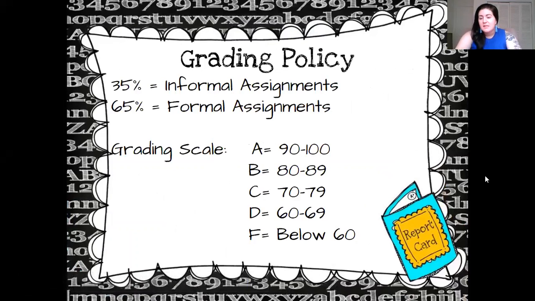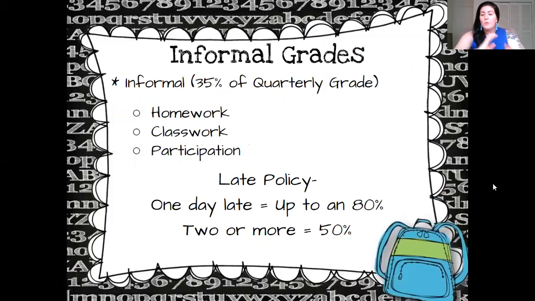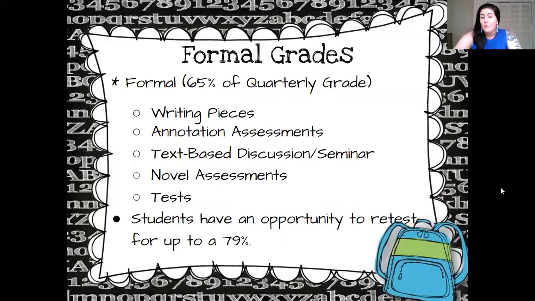As you know, and you're going to see this in all of your classes, curriculum nights, the grading policy is a 35-65 split. Informal grades are 35%, 65% for formal grades. So what's the difference? Informal assignments are things like homework, classwork, or participation, and then the formal grades are writing pieces, end of unit assessments, annotation assessments, seminars, which we have one coming up, novel assessments or tests.